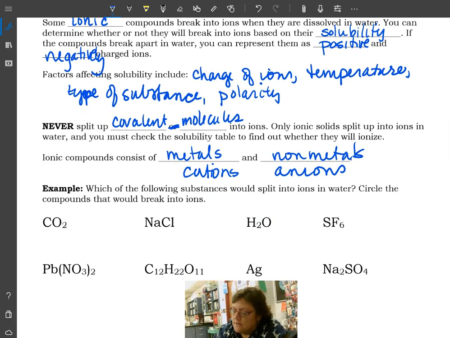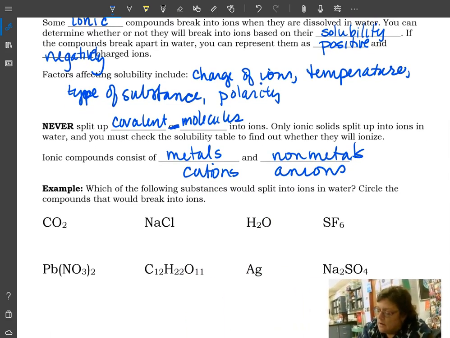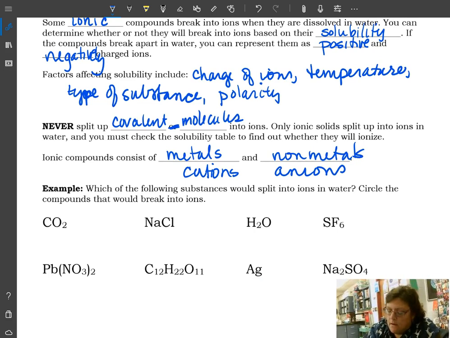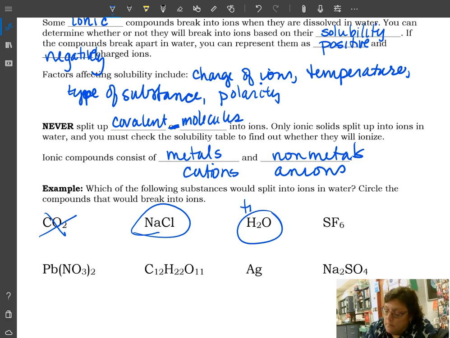Which of the following substances would split into ions in water? Well, carbon dioxide is covalent, so that's not one. Sodium chloride, yes. Water molecules, ironically enough, will ionize a tiny bit. So we're going to go ahead and circle them. They're kind of ironic. I wouldn't have included them in this.